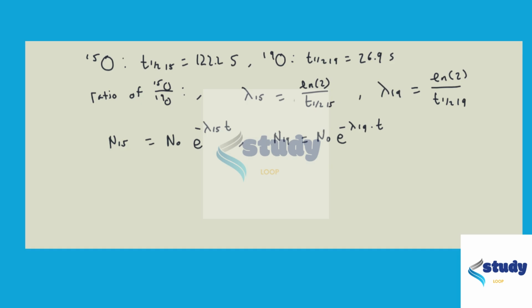If we know that the initial value is the same for each of these isotopes at time t equals 0, then it must be true that, keeping it consistent with the problem, the number of oxygen-15 over the number of oxygen-19 must be equal, if we divide these two equations, to e to the minus lambda 15 t over e to the minus lambda 19 t.